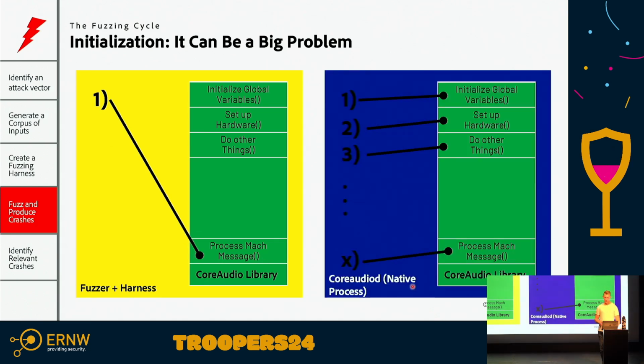But the core audio daemon process, the native process, actually does a bunch of things before it ever processes a Mach message. It might initialize global variables. It might set up hardware, do some system checks. I don't know everything it does, but it certainly doesn't just start receiving Mach messages. And it's actually not expecting to receive any Mach messages right off the bat, like we're sending them.